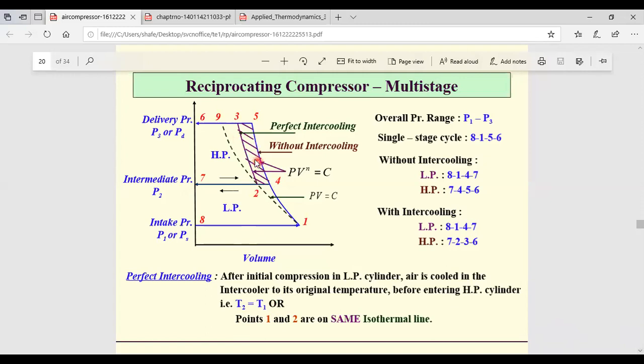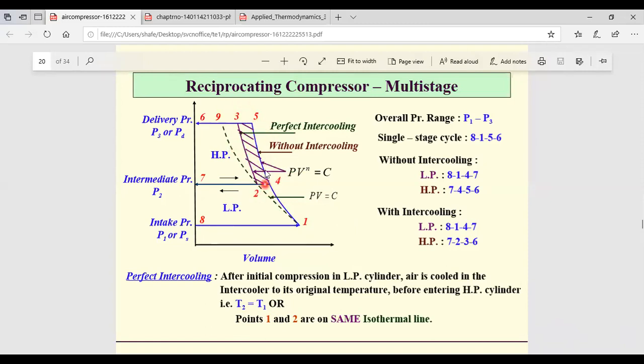Now see what is the advantage of multi-stage compression. Previously for single stage, 8-1-5-6 is the process. Now a simple intercooling I have adopted. What is this hatched portion? That hatched portion is the saving in work. Previously it would be 8-1-5-6. Now I have saved 4-2 or 4-5-3-2.